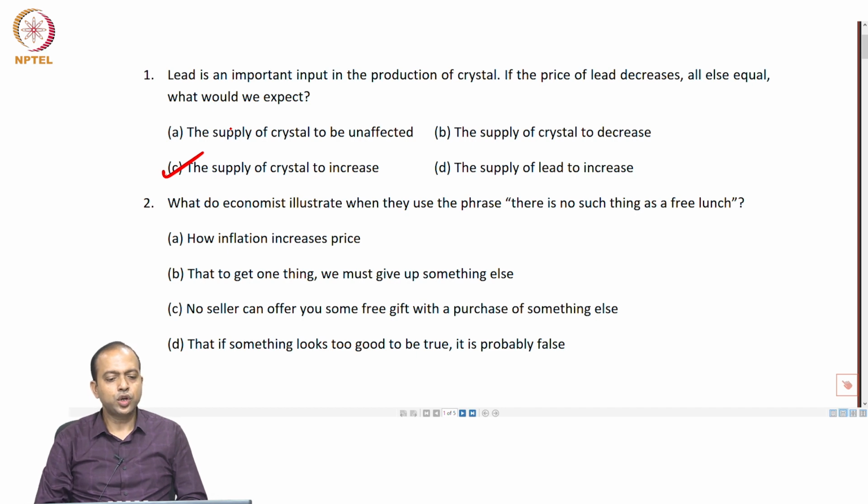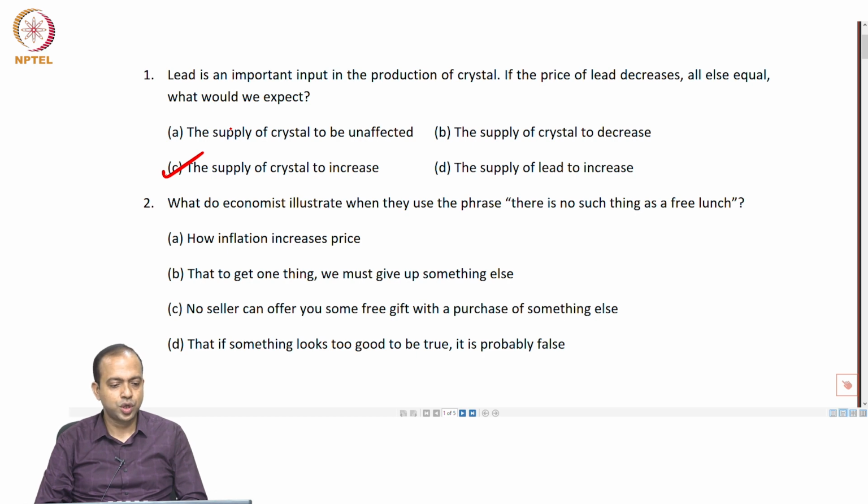Then what do economists illustrate when they use the phrase, there is no such thing as a free lunch? Okay, there is no free lunch in economics. What do they mean? How inflation increases the price? Do economists mean this by free lunch?